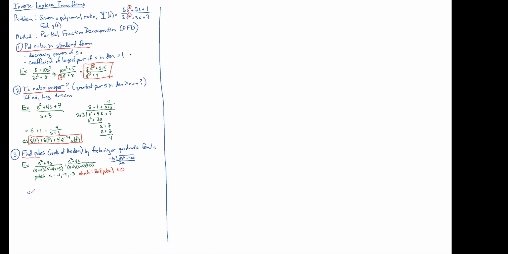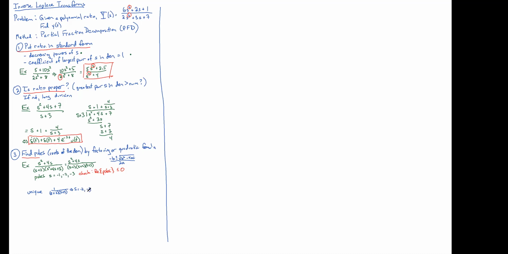unique, like they are here. In other words, for an even simpler case, 1 over s plus 2, s plus 3 yields poles of s equals -2 and -3.